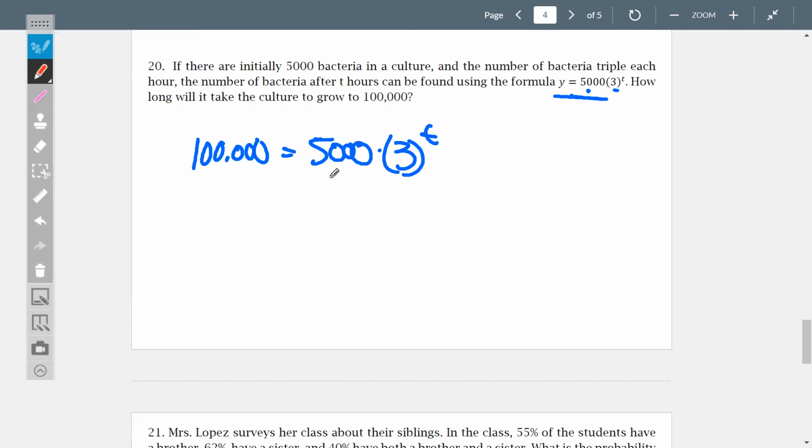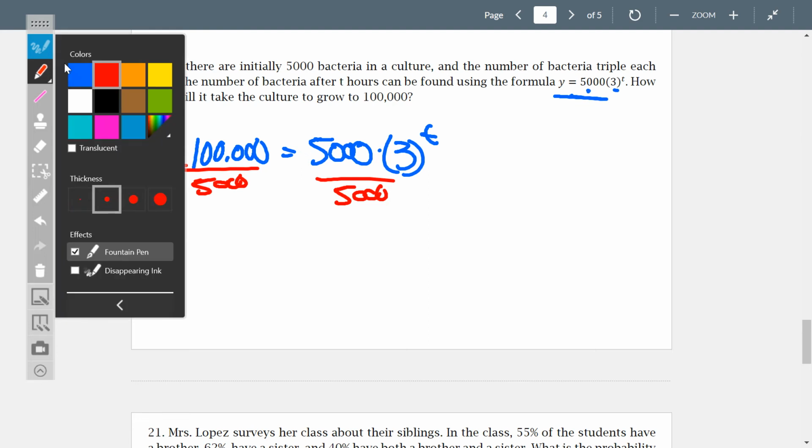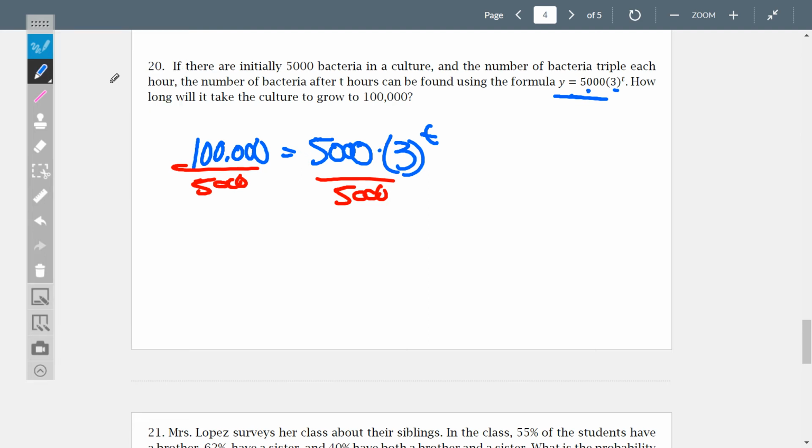So first we'll divide by 5,000. So 100,000 divided by 5,000, so 20 is equal to 3 to the t. And now we can switch this into log form.